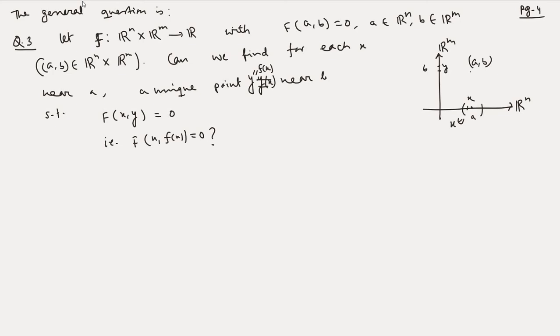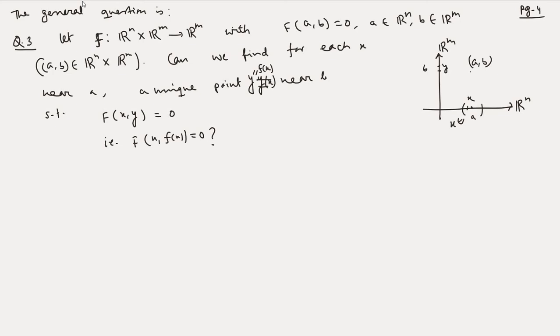So the answer of these questions 1 to 3. Note that when m equal to 1, so here sorry this is m, in question 3, question 3 coincides with question 2, and when m equal to 1 and n equal to 1, then question 3 coincides with question number 1.